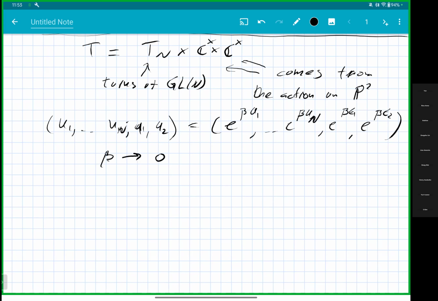This will correspond to the elliptic Calogero-Moser system, which I talked about in the introduction. If we don't take beta to 0, if it remains generic, then we'll get the elliptic Ruijsenaars-Schneider system, which is a generalization of Calogero-Moser.